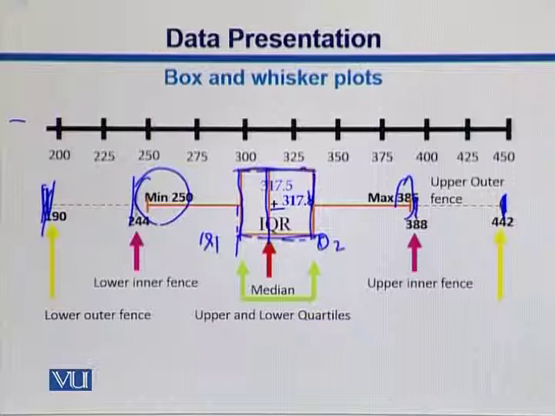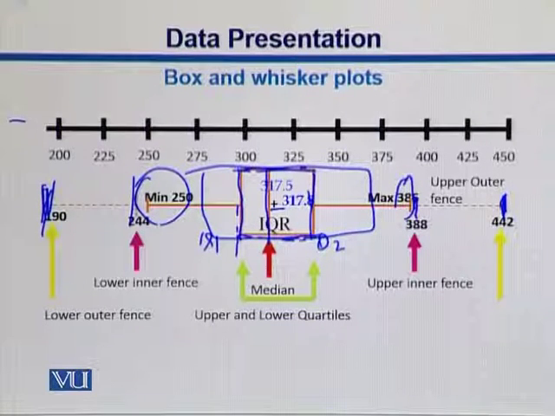So the middle 50% of the values are pretty close to one another. If the box size is more, obviously we can expect that data has more variation, right? Where are the outliers? Sometimes if we have some numbers coming in between these two fences, we can call them mild outliers. We might use different symbols for them. And sometimes we have extreme outliers which are present outside of those outer fences.